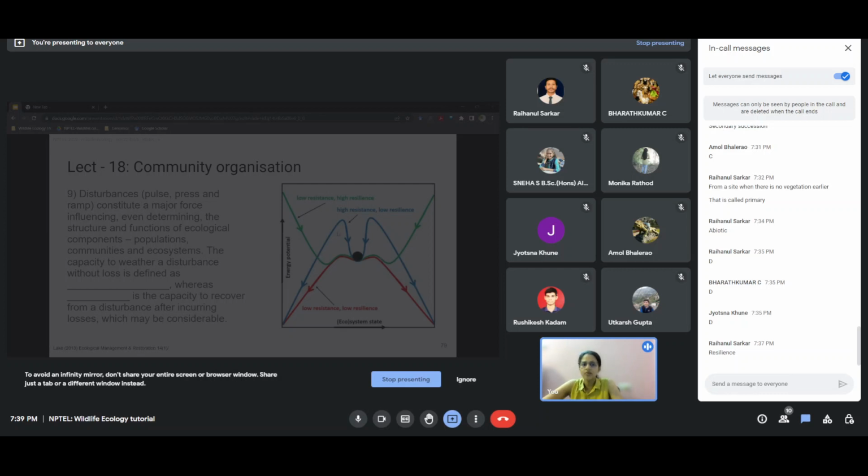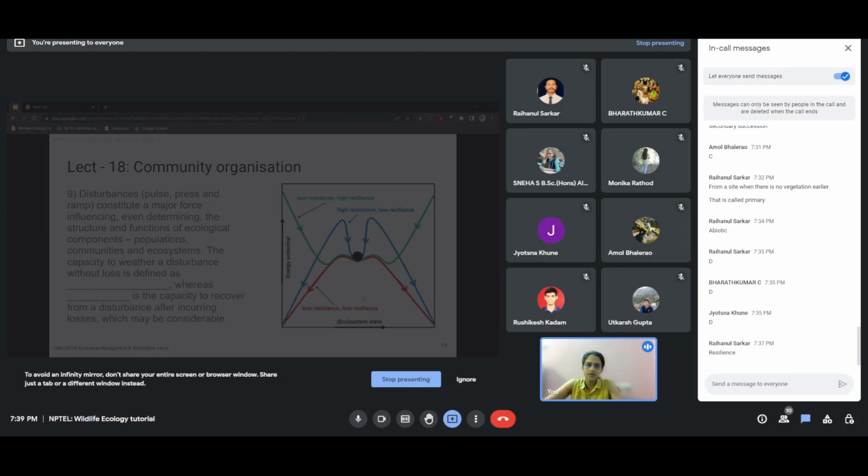But now, if we follow the blue line, we see that the disturbance has gone down but not so much, right? So you have high resistance because the ecosystem state, if you can see the gap between these two, is altered very little compared to the green one.